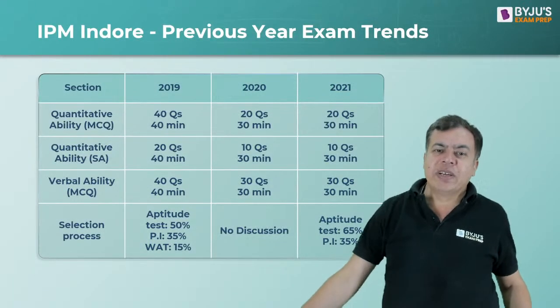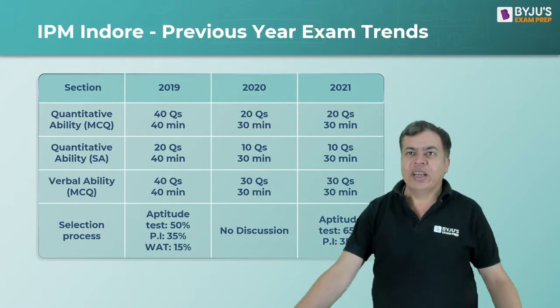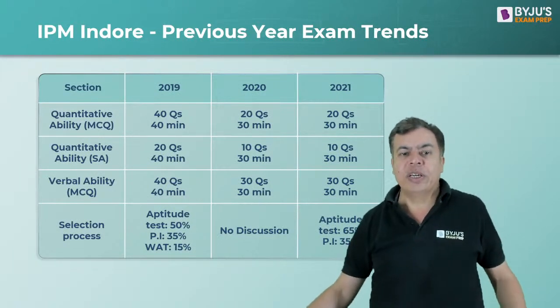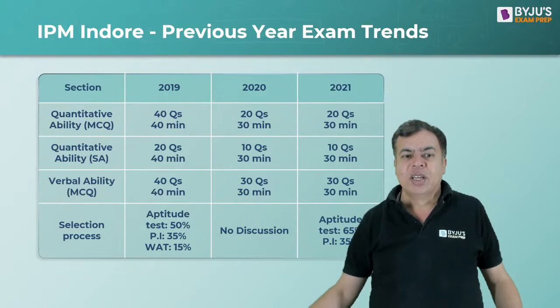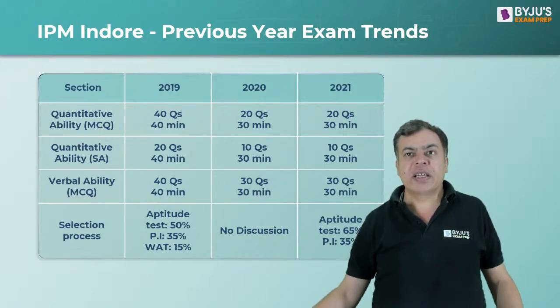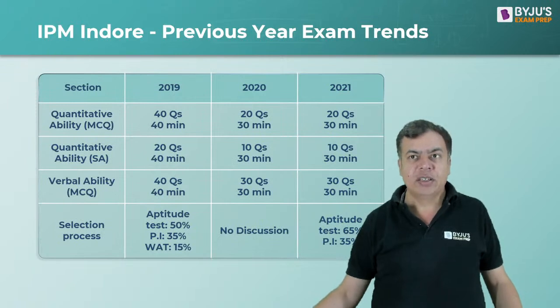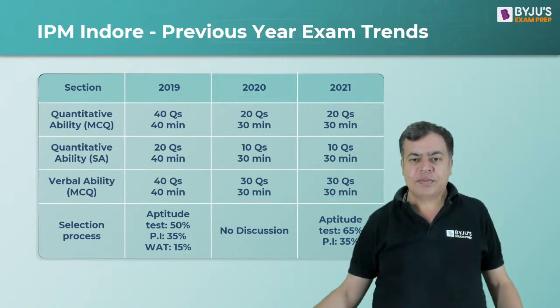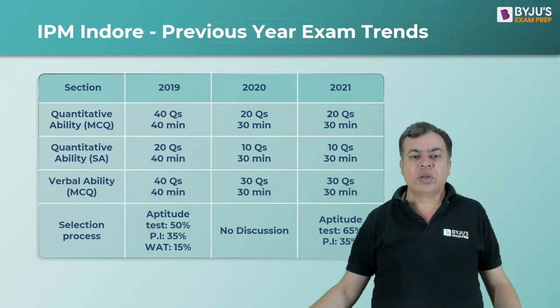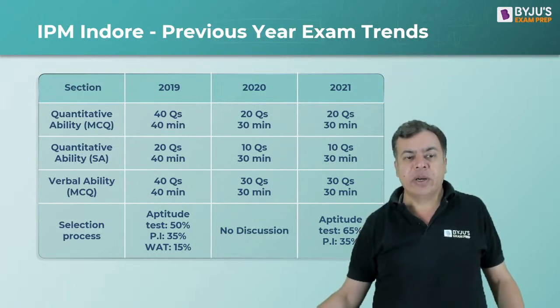Now this is previous year exam trend. Now you can see that in 2019 it was the pattern 40, 20 and 40. After that, 20 and 21, it was due to COVID, right? They reduced it to 20, 10 and 30. That is a total of 60 questions in 1.5 hours for 20 and 21.